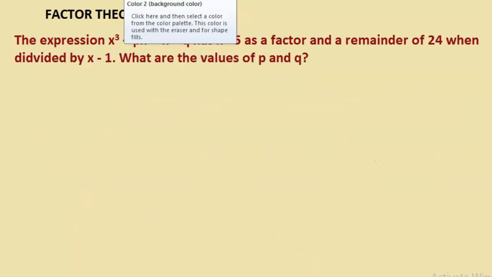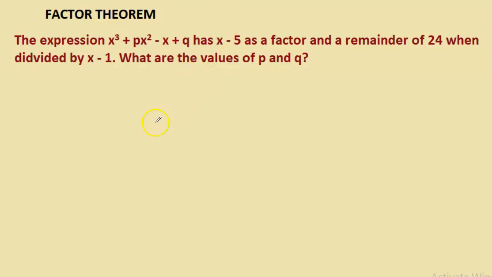Alright, so here we have a problem. The expression x cubed plus px squared minus x plus q has x minus 5 as a factor, and a remainder of 24 when divided by x minus 1. What are the values of p and q? So we are told that x minus 5 is a factor.